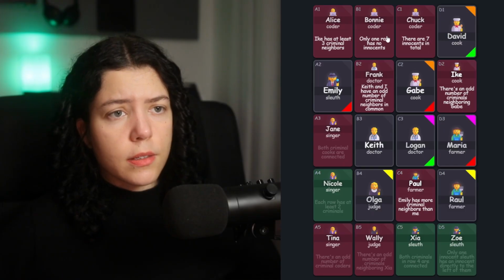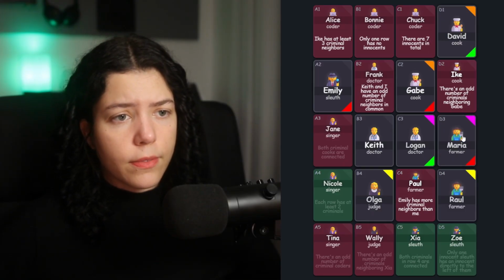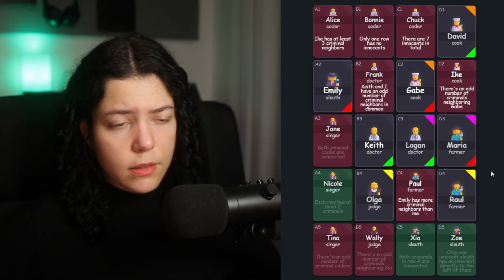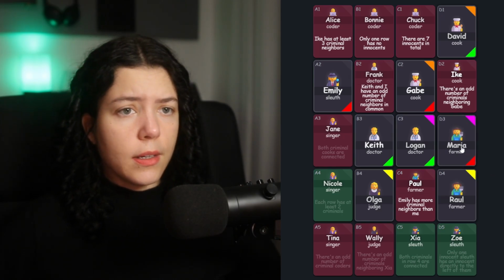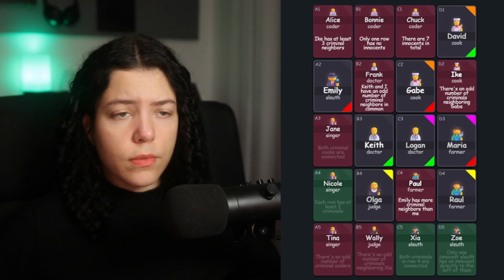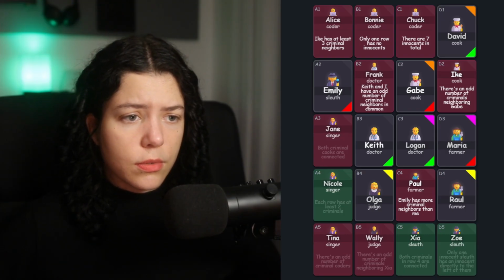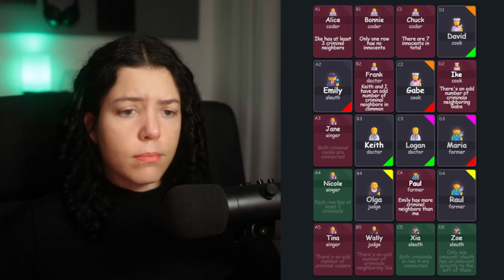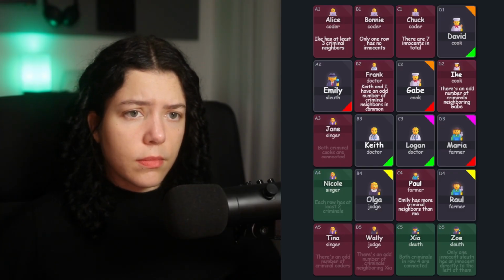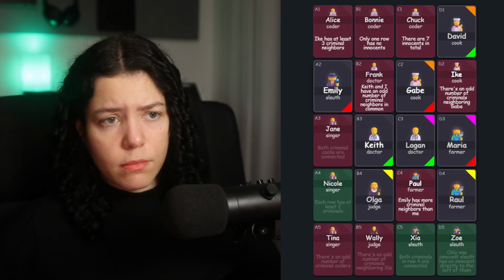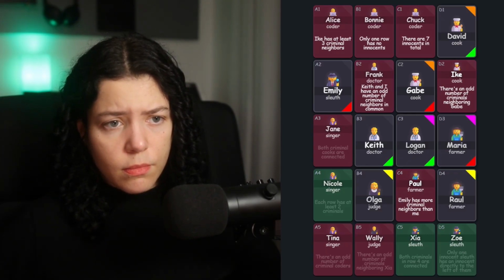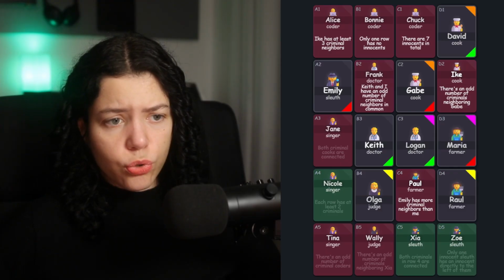Gabe has 4, 5. So Keith will be an innocent. Row 3 has 2 criminals, so that's fine. There's a row with all criminals. I think I'm maybe missing something that I shouldn't.